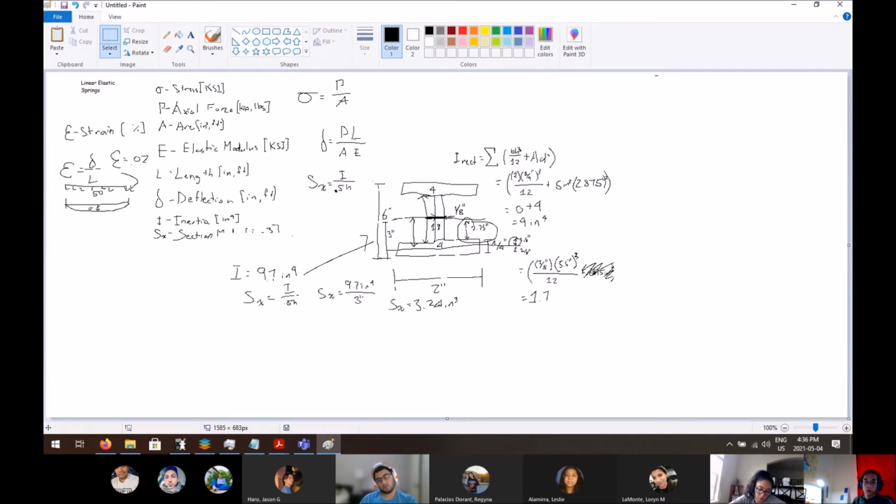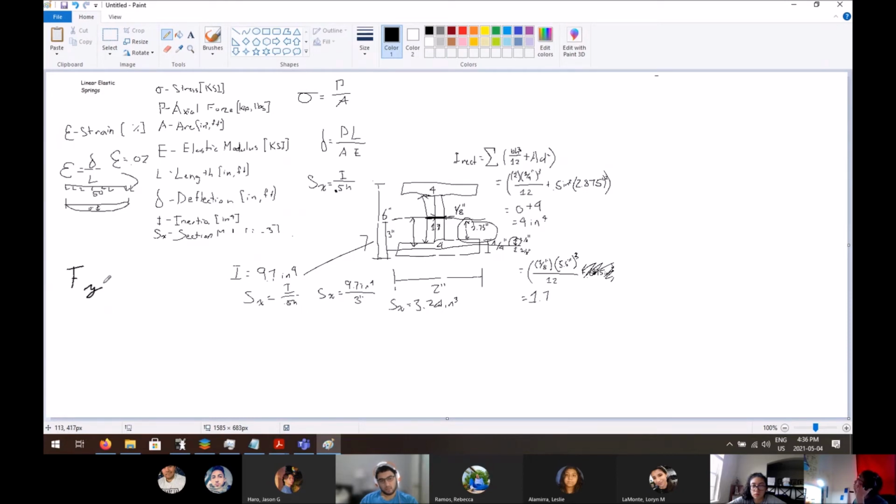Let's introduce a new variable real quick: yield strength. Yield strength is very useful.